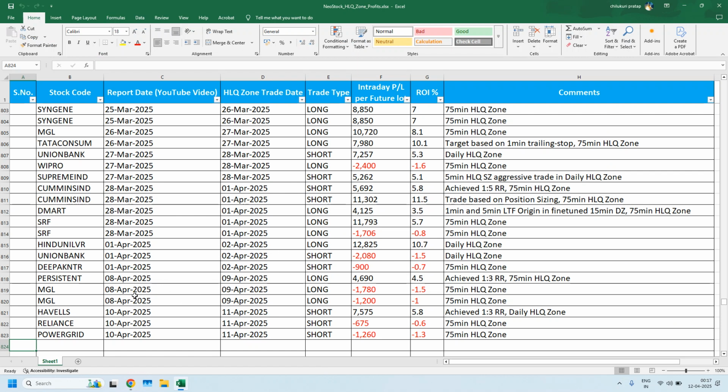This April month, starting from 1st April, today 10th, first 10 days, we got 9 trades. I know it is very less compared to the previous statistics, but we know the current market situation. Globally, the whole market is impacted due to tariffs from the US government.